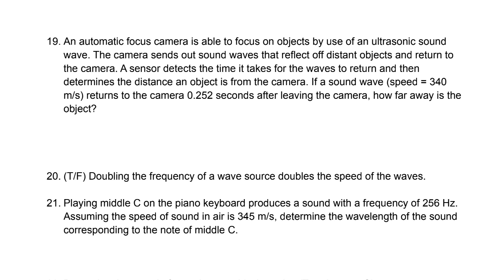And it takes 0.25 seconds to hear the echo. So what distance did it travel in that? So distance equals speed times time. We don't know the distance, but we know the speed is 340, and we know the time is 0.25 seconds. So multiply those two numbers.